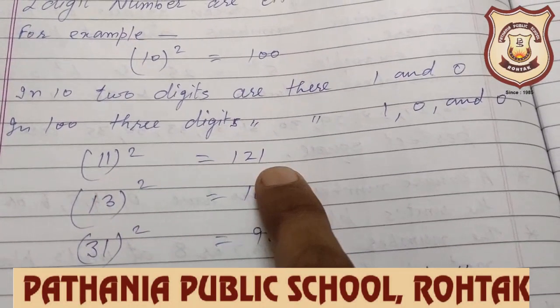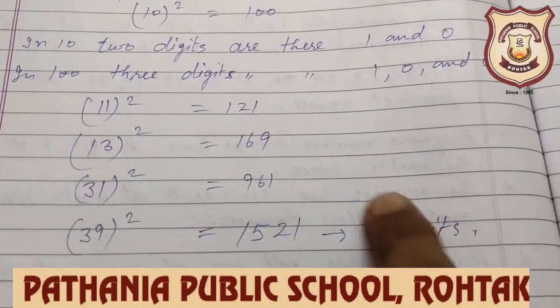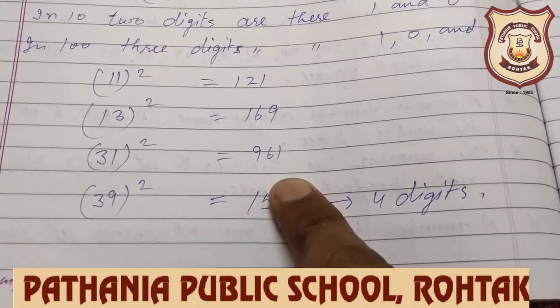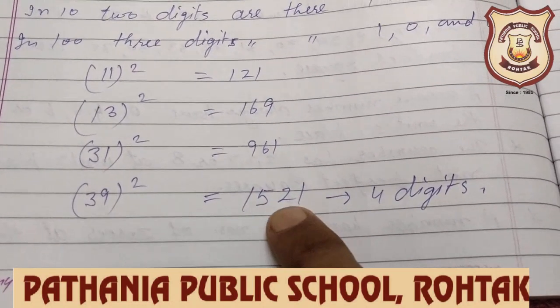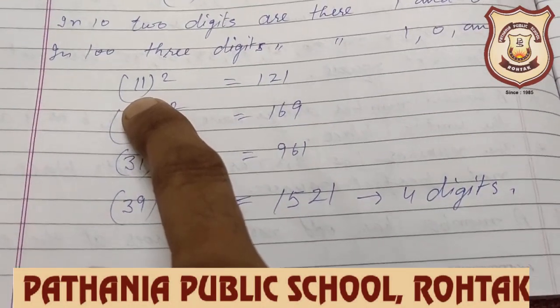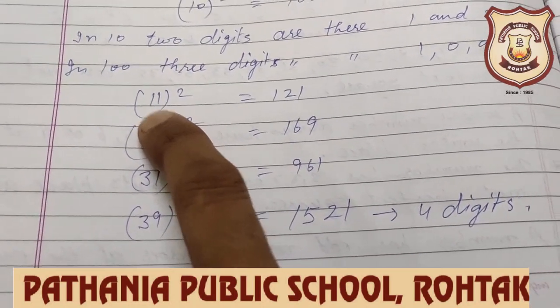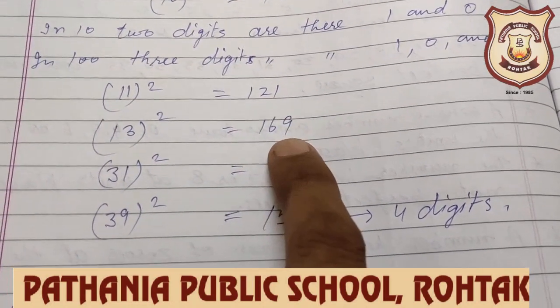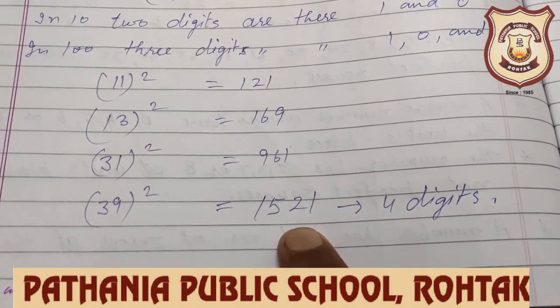11 square is 121. 13 square is 169. 31 square is 961. 39 square is 1521. So if we square any number which has 2 digits, then its square has 3 digits or 4 digits.